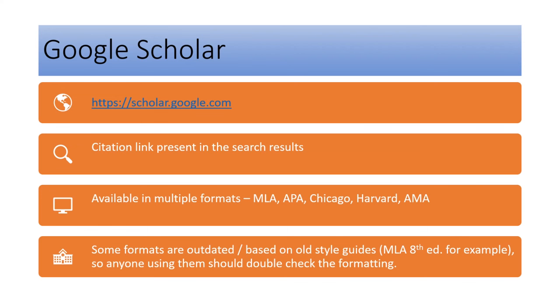Citations are easy to grab from Google Scholar, but some formats are based on old style guides. The MLA for journal articles, for example, is out of date. So anybody who's using these sites should check the formatting with the current and required style guides in their discipline.